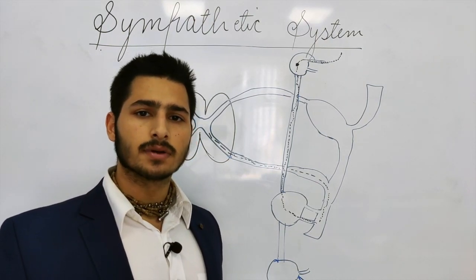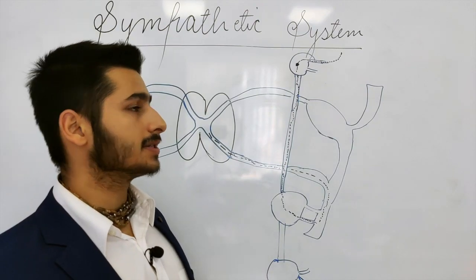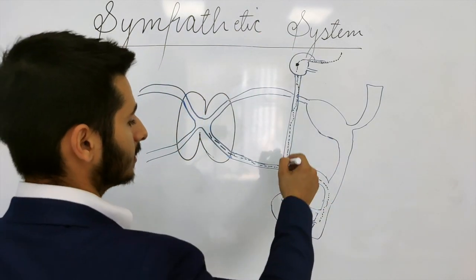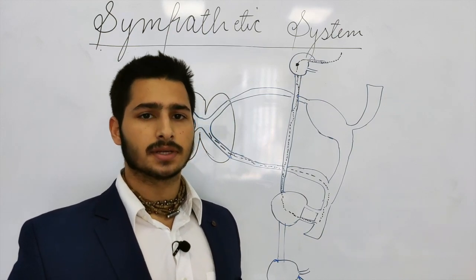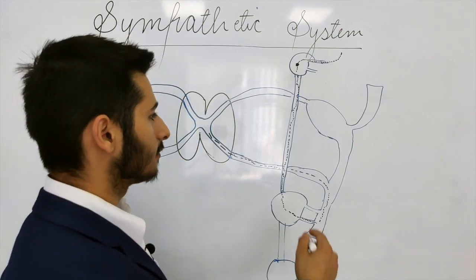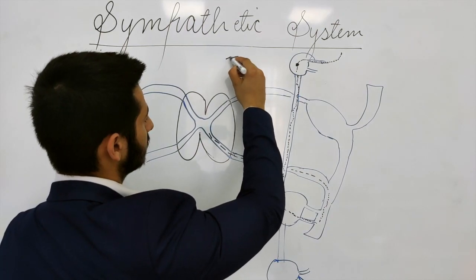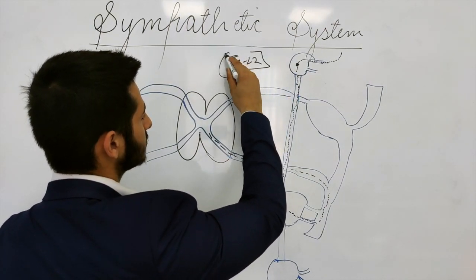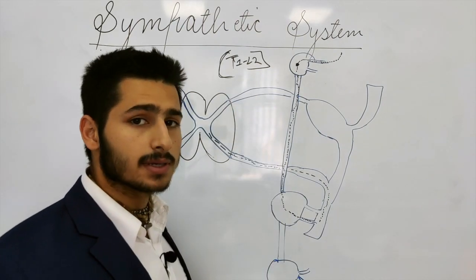Also, please note that the gray ramus communicans is present all across the paravertebral trunk, but the white ramus communicans is only present in specific areas, that is from T1 to L2. These are the only vertebral regions where we can find the white ramus communicans.